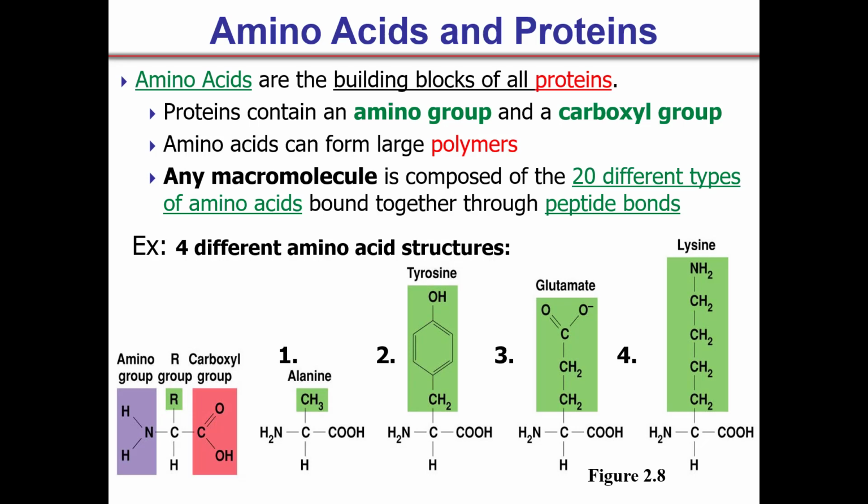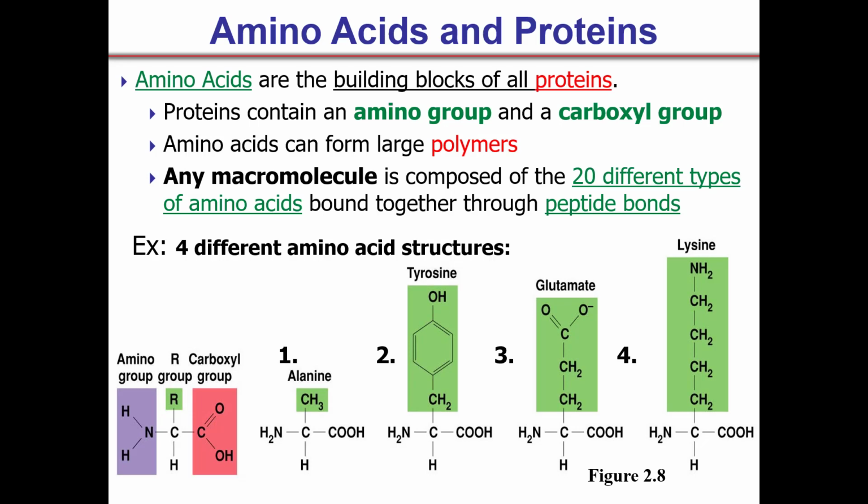Okay, so for the category under proteins, all proteins are made from the 20 different amino acids. There are 4 examples shown here from figure 2.8 in your book. And amino acids are basically the building blocks of proteins.